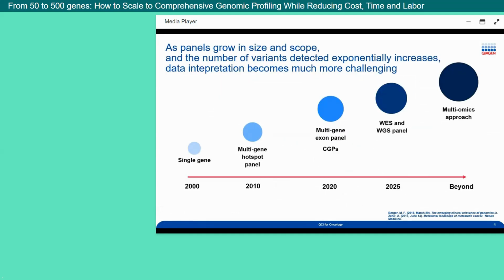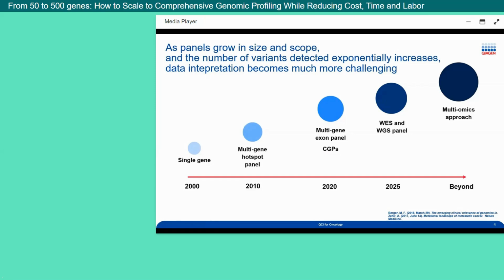So why is content key to adopt comprehensive genomic profiling and even whole exome or whole genome sequencing? The burden to interpret novel variants in larger panels, such as the comprehensive genomic profiling, whole exome or whole genome sequencing, does not increase linearly with the number of additional genes.